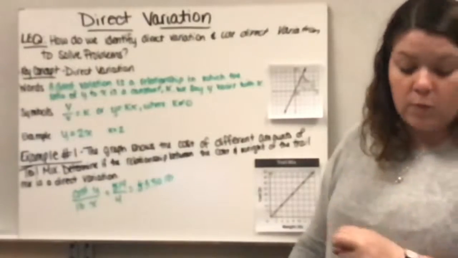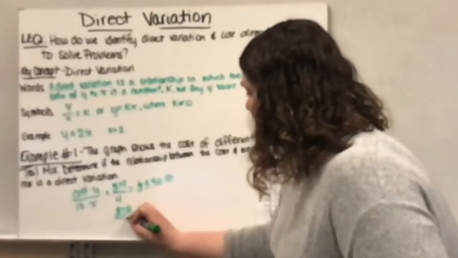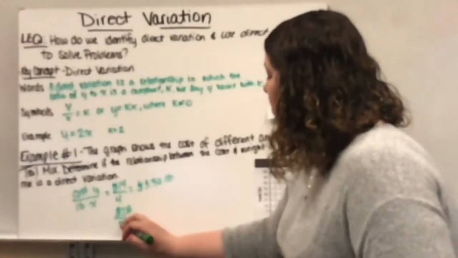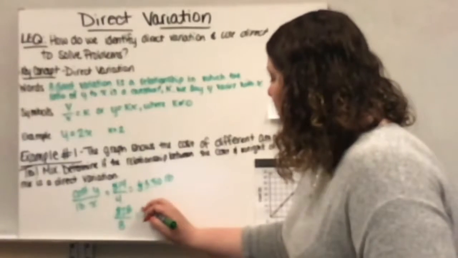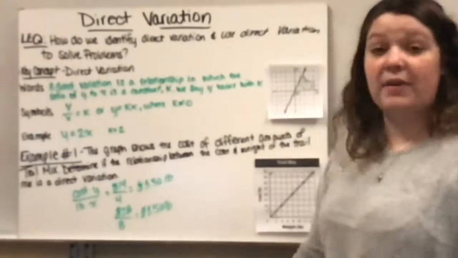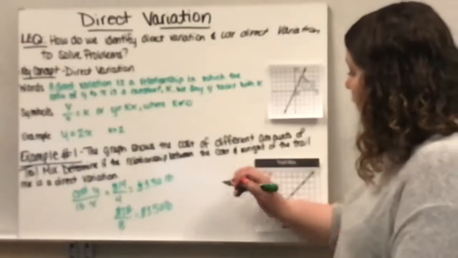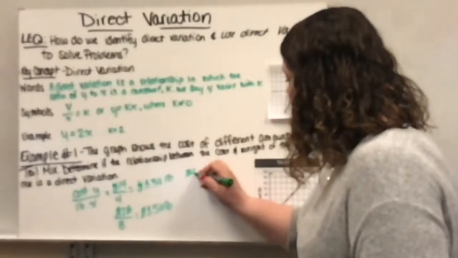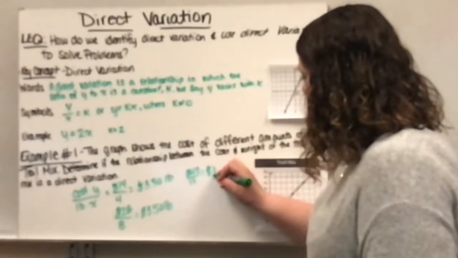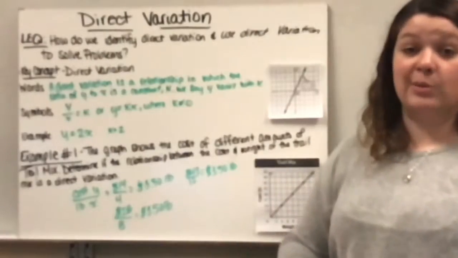The second one is $28 per 8 pounds, and if I figure that out, it's $3.50 per pound. And the third one here, I have $42 for 12 pounds. So $42 over 12 pounds is going to be $3.50 per pound as well.